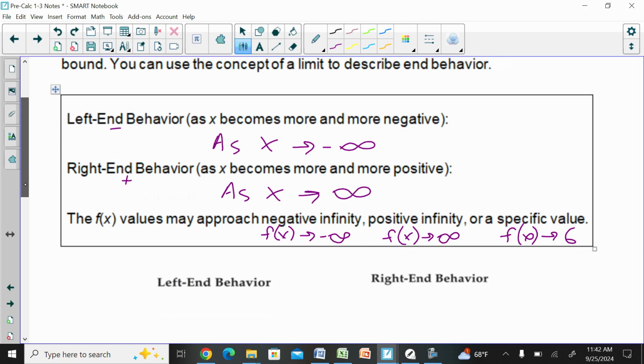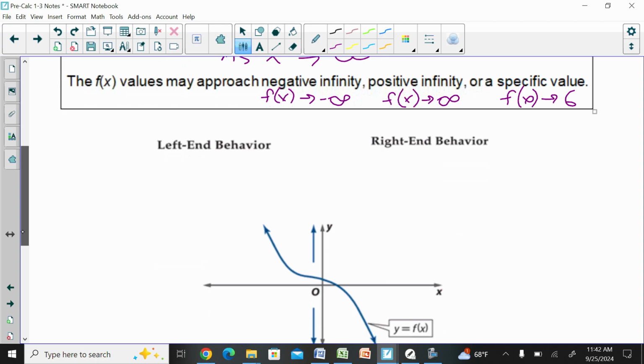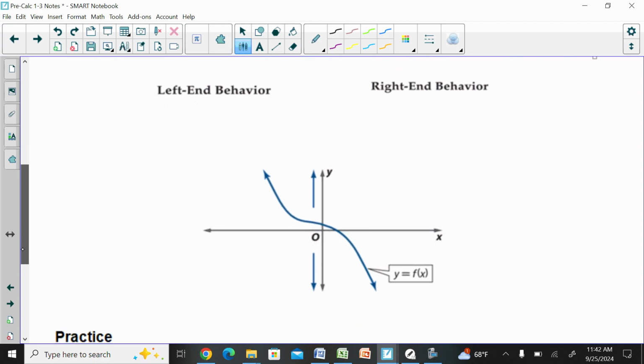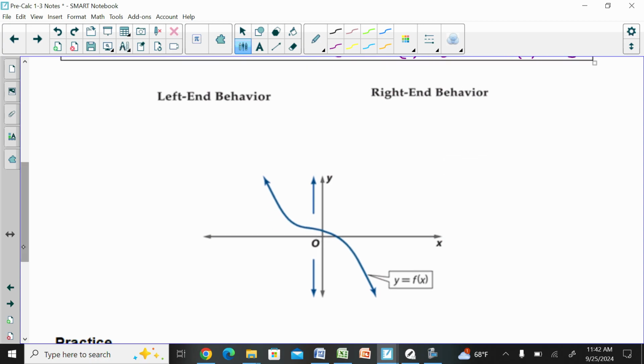So this graph here kind of shows left-hand behavior, right-hand behavior, things like that. Again, rewind, pause as you need to. I just want to get done here so it's not such a large video for you, so you can always rewind, do what you need to do. So our left-hand behavior: if we're looking at that left-hand side, we're thinking limit of f of x as x approaches negative infinity, right over here.